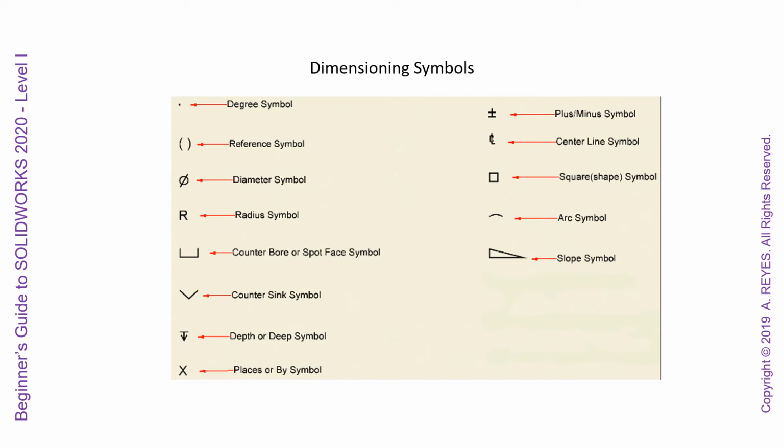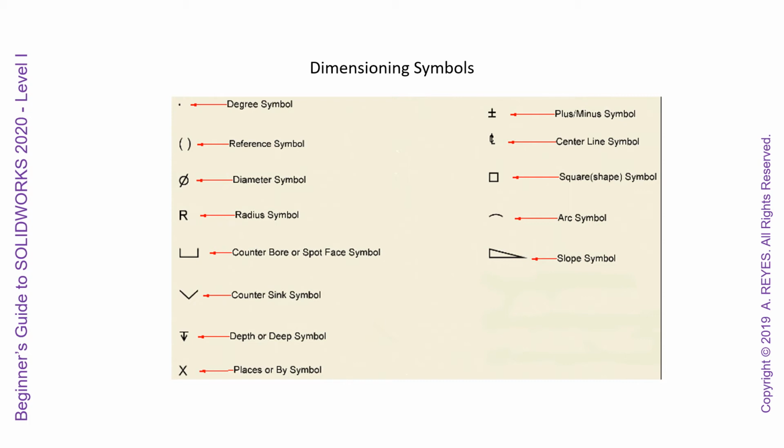So here are some of the dimensioning symbols. The degree symbol, and the reference symbol, which is usually put around a dimension if it's just a reference dimension, where you're not actually using it for go/no-go or to test the tolerance of it. Diameter symbol, radius symbol, counterbore for some of the screw holes, countersink, same thing. Depth or deep symbol.